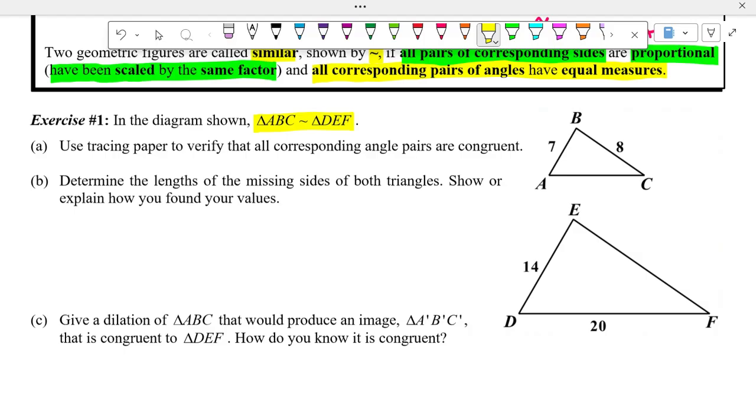Rajan. That's sides. I'm talking angles. Ephraim. So CBA and FED, so these two angles. What's another set?